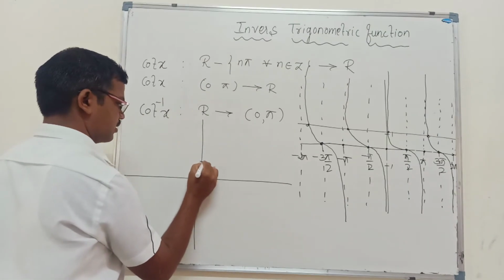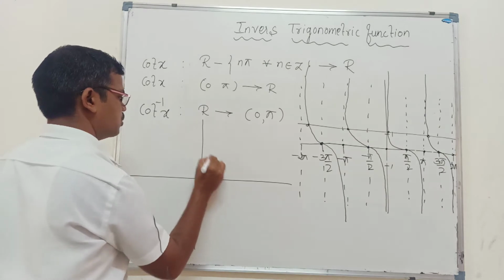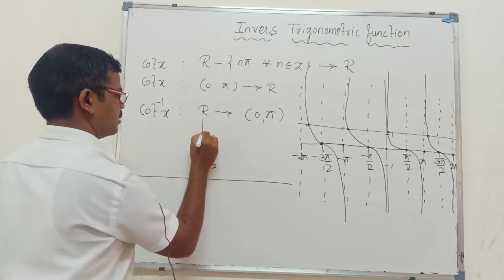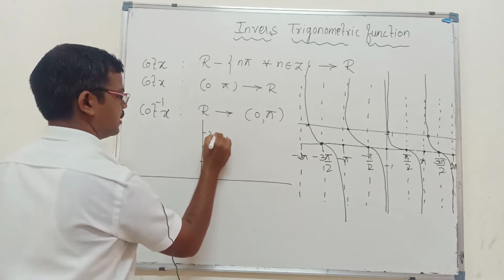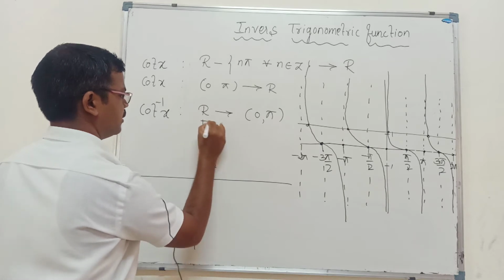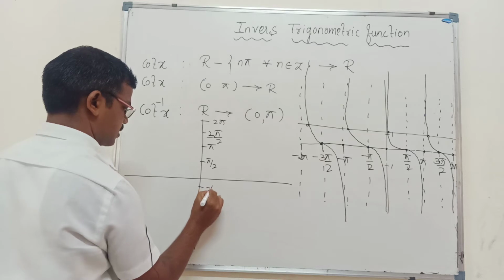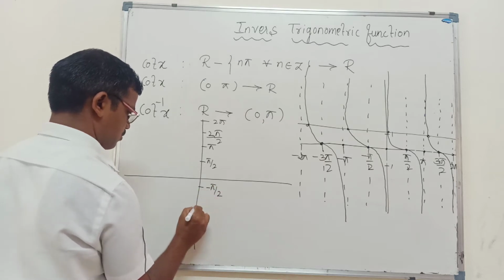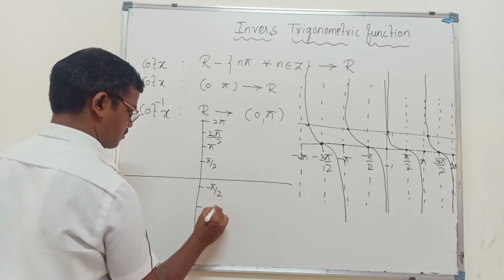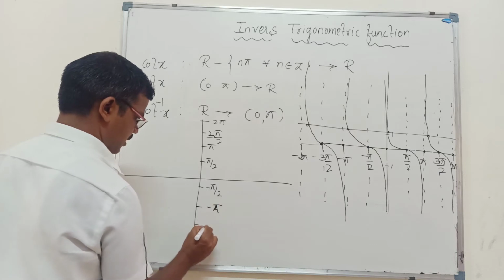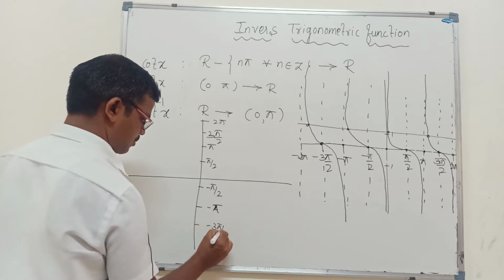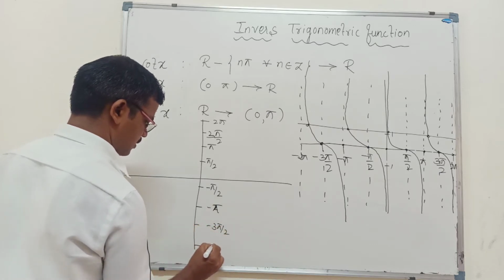So here that is pi by 2, pi, 3 pi by 2 and 2 pi. Next, minus pi by 2, minus pi, minus 3 pi by 2, minus 2 pi.